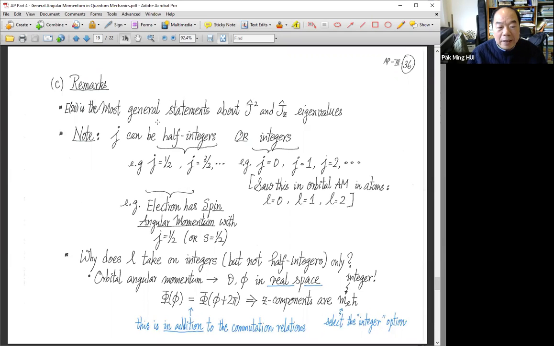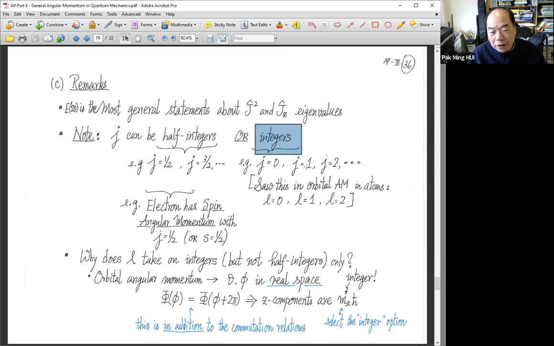And then it provides two possibilities. The J quantum number can take on either half integers or integers. You have seen this in different contexts before.